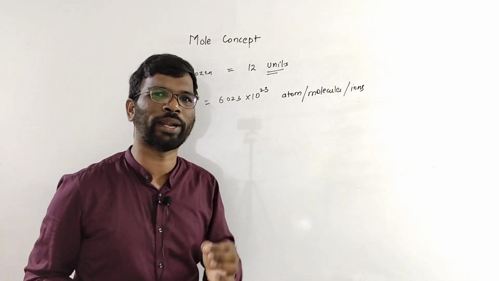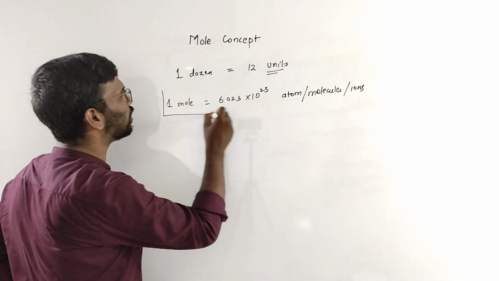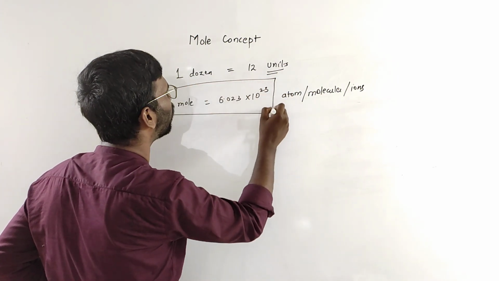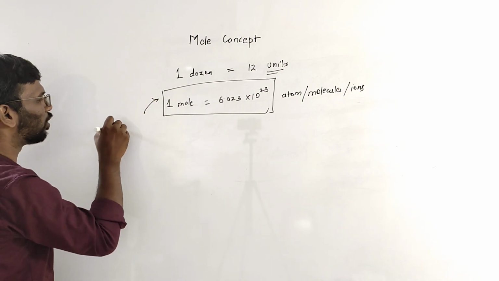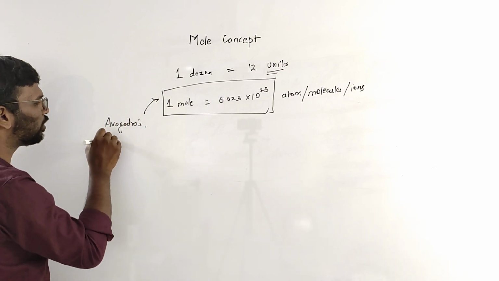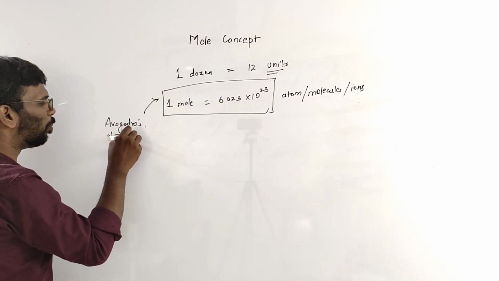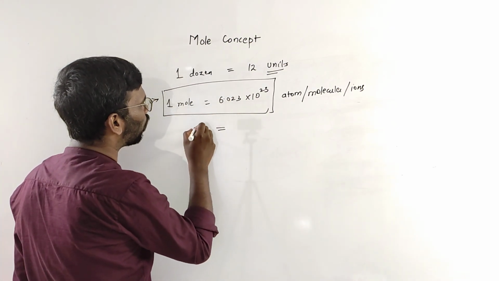Now, what is this 1 mole? 6.023 into 10 raised to 23. It is also known as Avogadro's number. Avogadro is the name of the scientist. This value is very big. That is 1 mole.